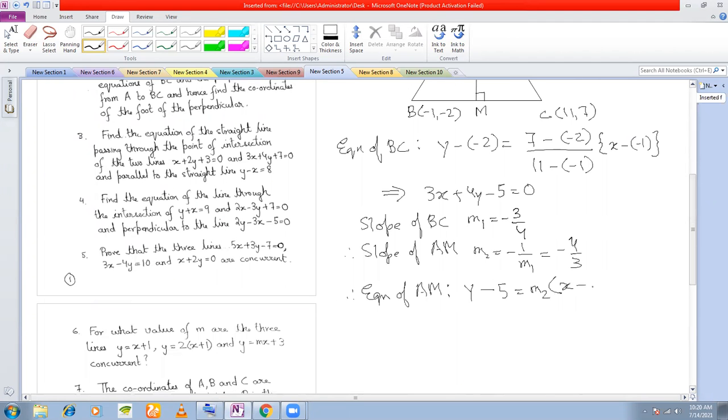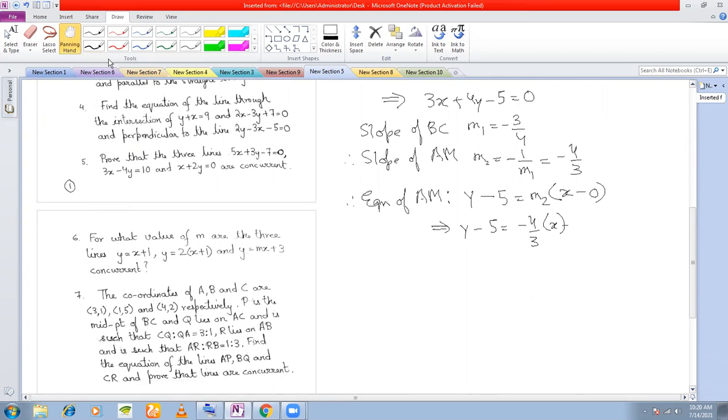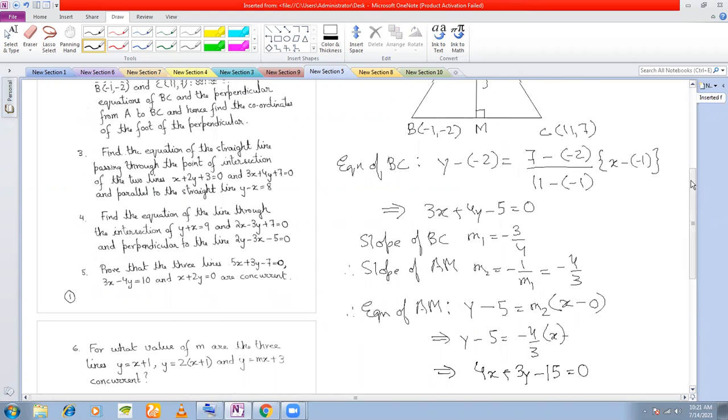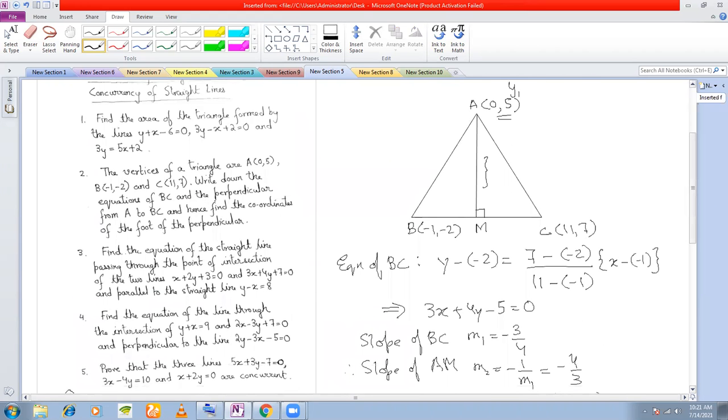X1 here is 0. So you get y minus 5 is equal to minus 4/3 into x. You can simplify this and get the equation as 4x plus 3y minus 15 is equal to 0. So I've got the equation of AM also. That was the first part of the question.